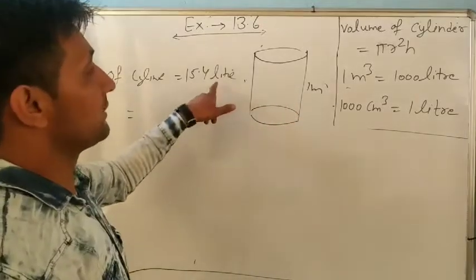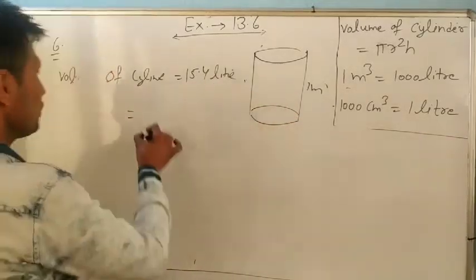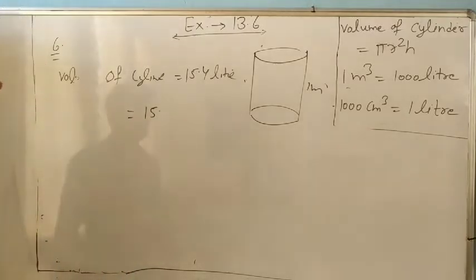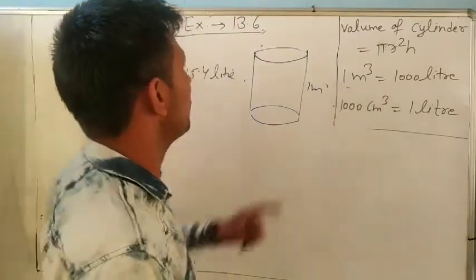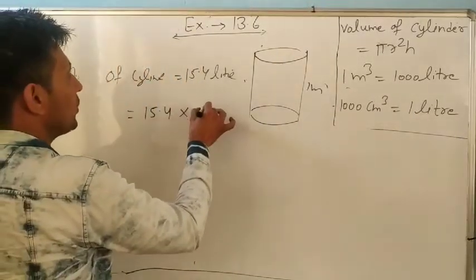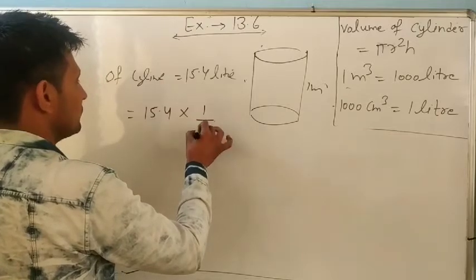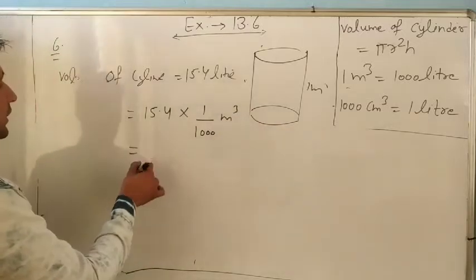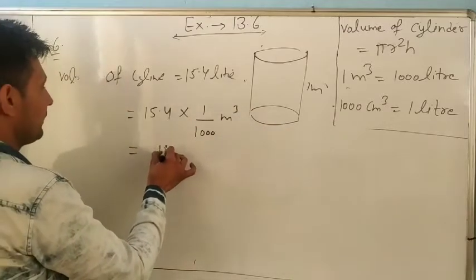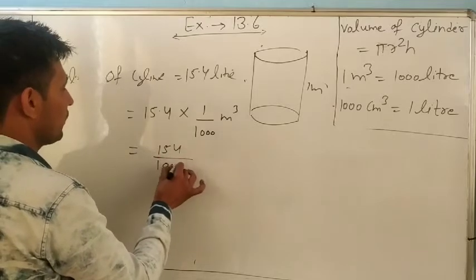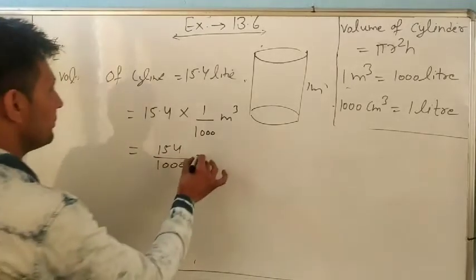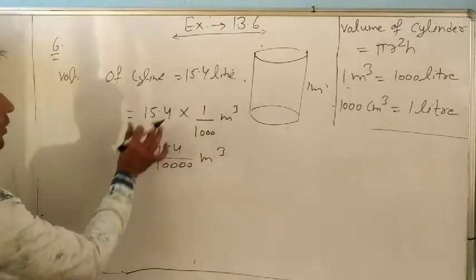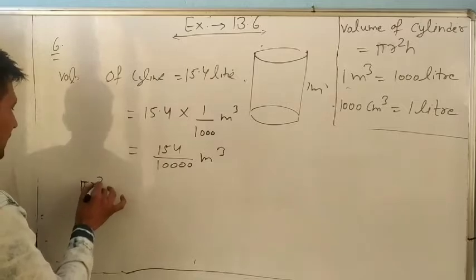First we will convert into meter cube. 15.4 liter. In 1 liter how many meter cube? So 15.4 into 1 by 1000 meter cube. So it is 154 over 10,000 meter cube. But it is volume. So the volume of the cylinder always equals pi r square h.